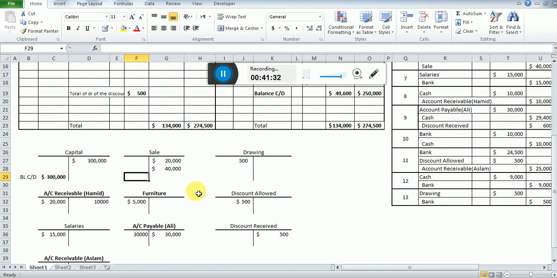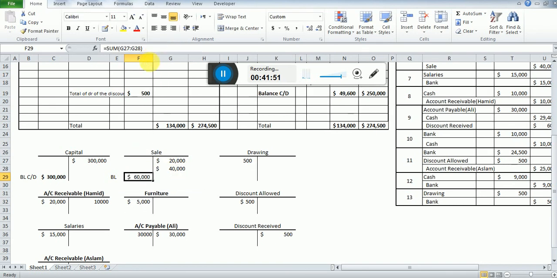You can just compute the balance c/d. I'm just computing the balance. With the equal sign, you have to sum these two values. So this is coming in the balance. Okay, so look here, this is the balance.